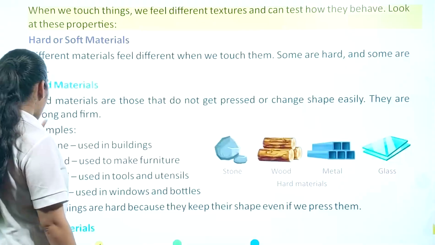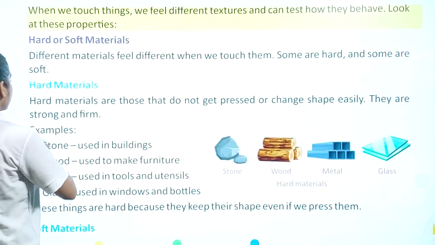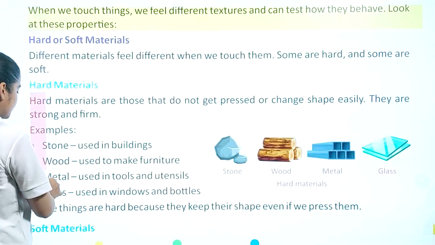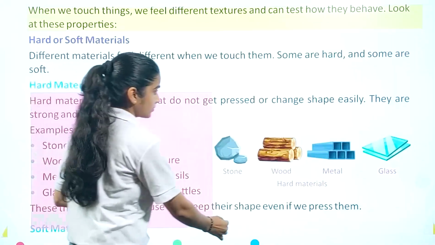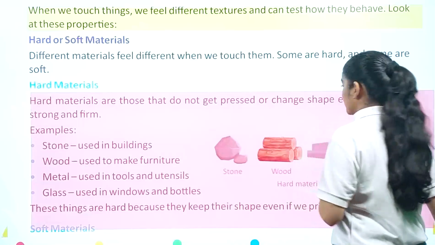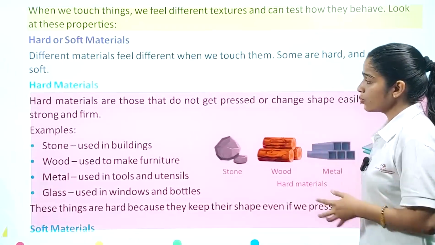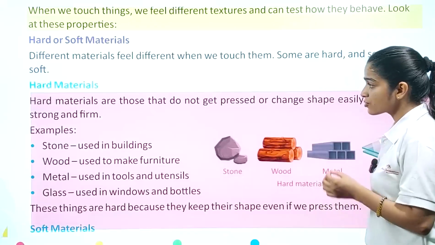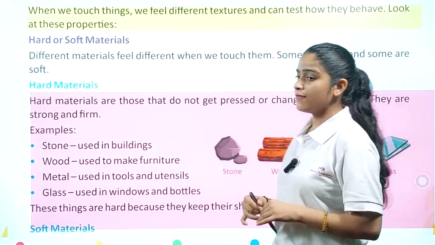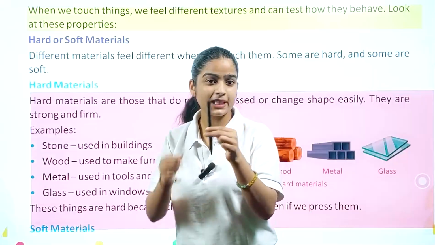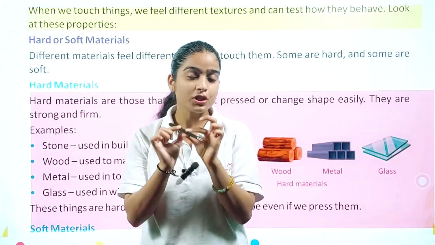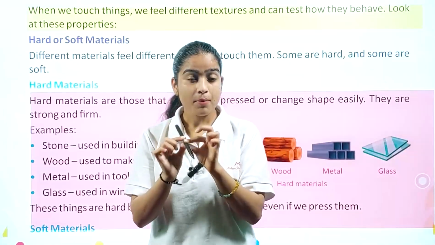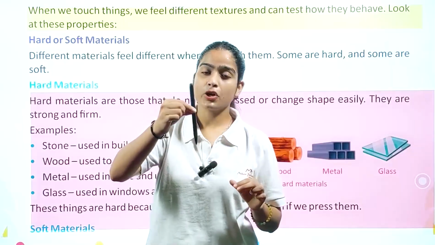Now, hard materials. First we are going to learn about hard materials. Hard materials are those that do not get pressed or change shape easily. They are strong and firm. If I apply force on this pen, it cannot change its shape, right? Because it is hard in texture.